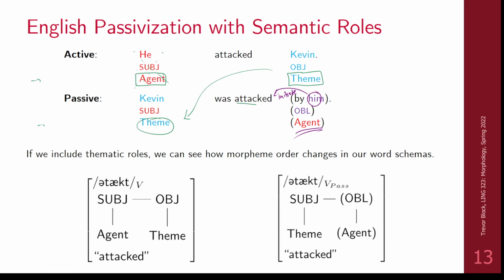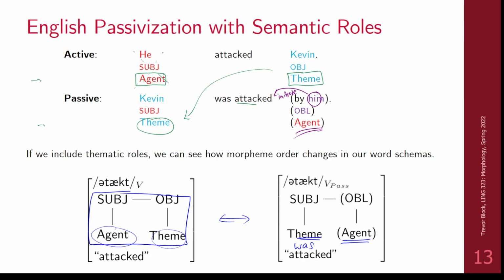So now in the active form, not only are we looking for a subject and object, but we want a subject agent and we want an object theme. Now if we transform it into the passive, was attacked, we still get that we'll have a subject and an optional oblique. So we still get the fact that the oblique element is optional in the passive form, but we know the oblique used to be an agent and we know the subject is the theme.